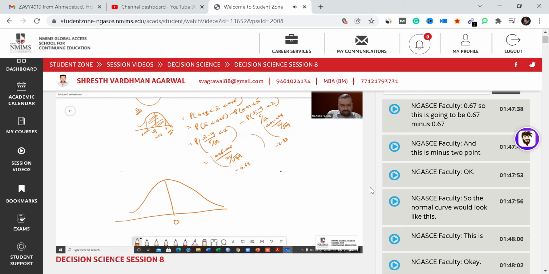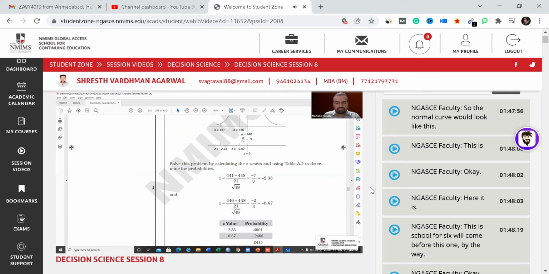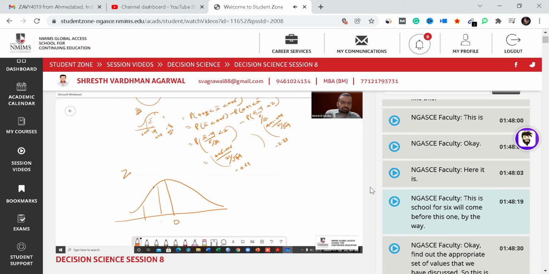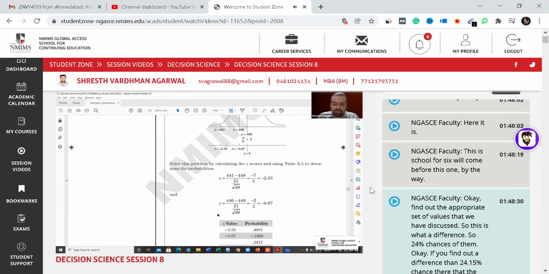This is the Z curve. Find out the appropriate Z values that we have discussed.